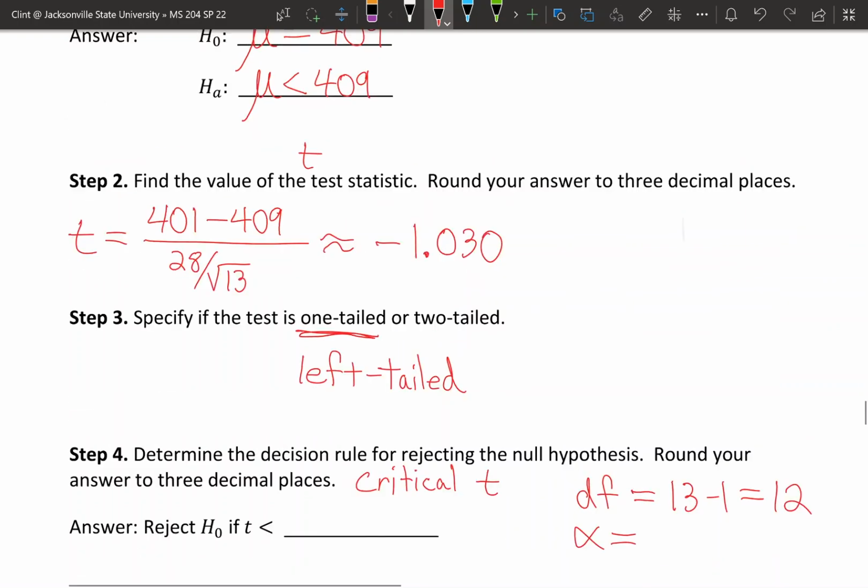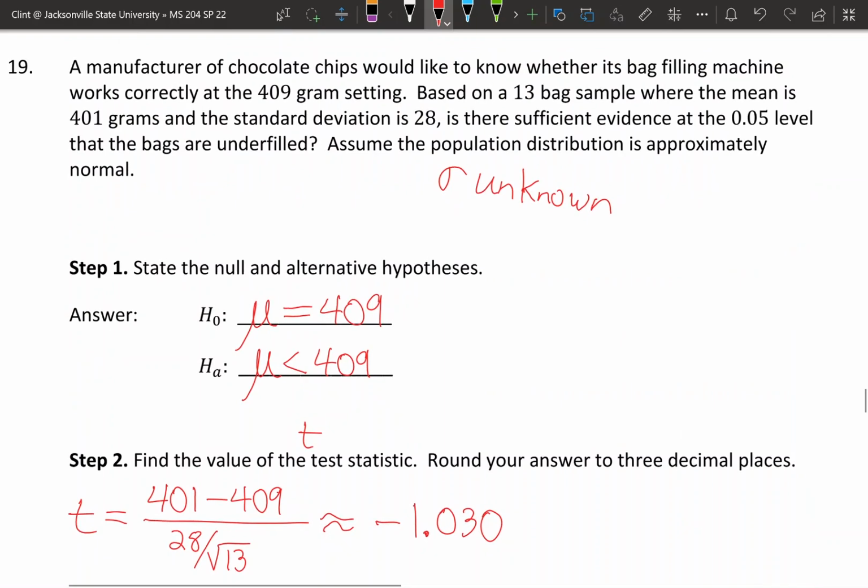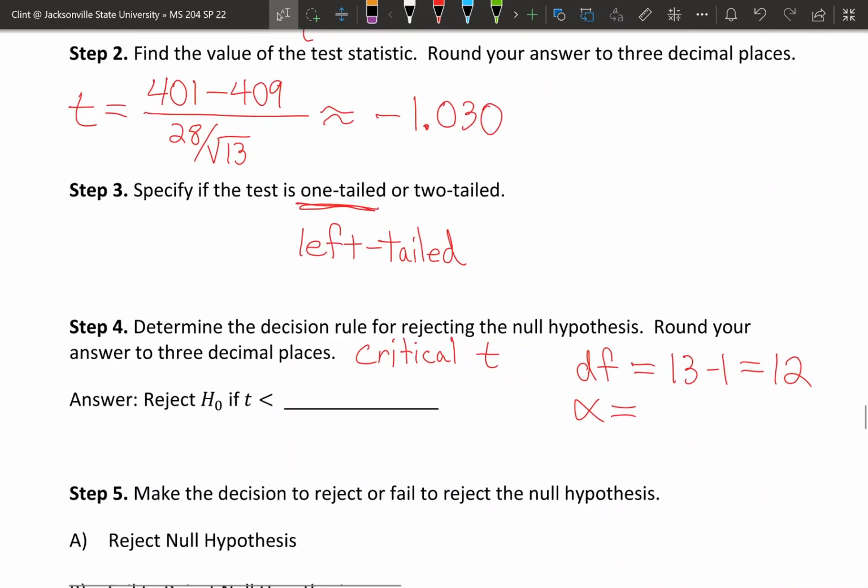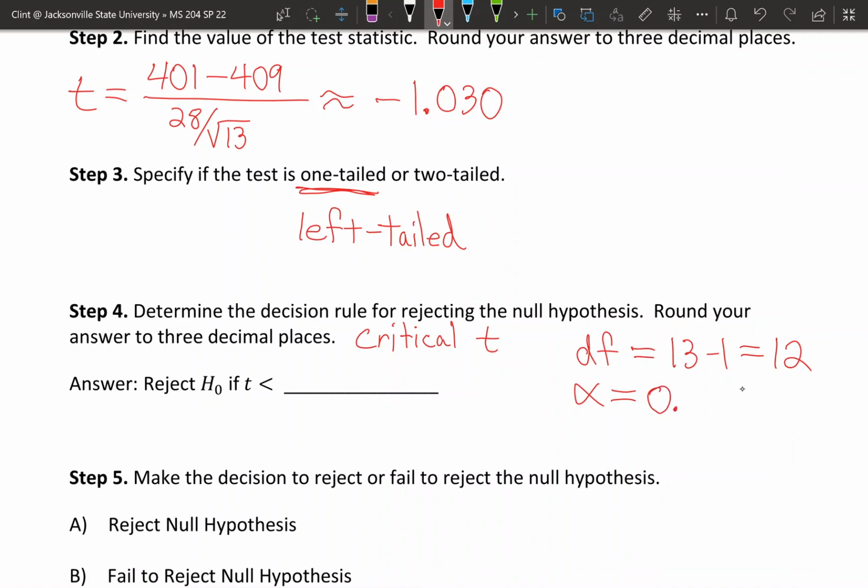Our level of significance was 0.05. And since it's left-tailed, one-tailed, we're going to look for 0.05 in one tail. It is the second column with 12 degrees of freedom. That gives us 1.782.